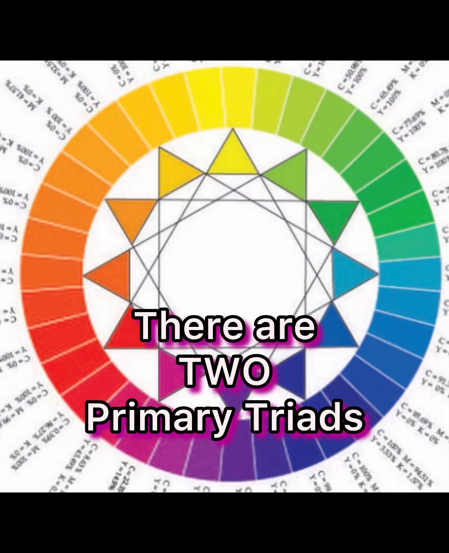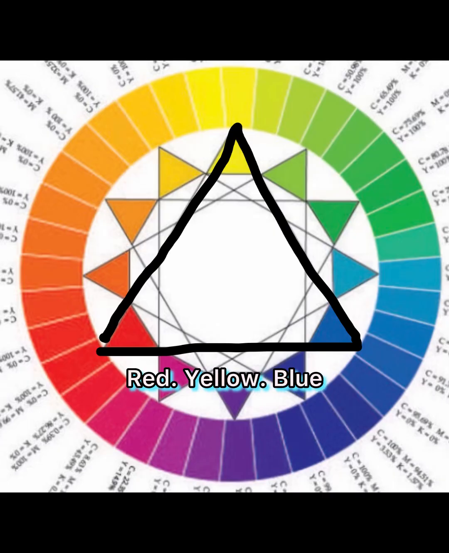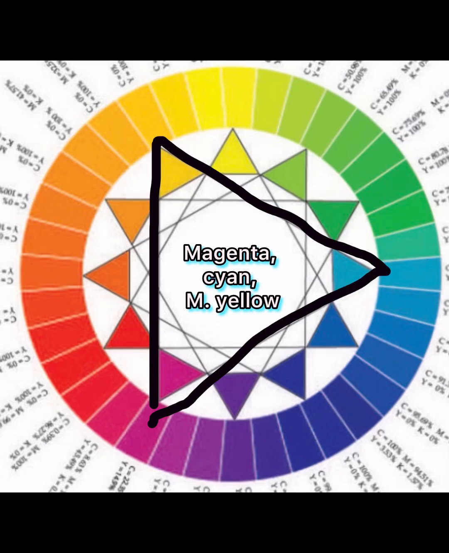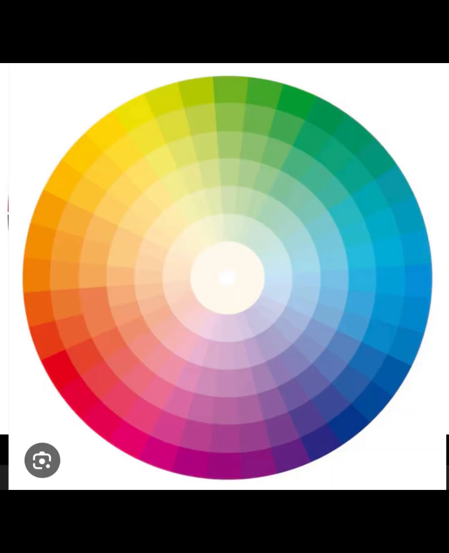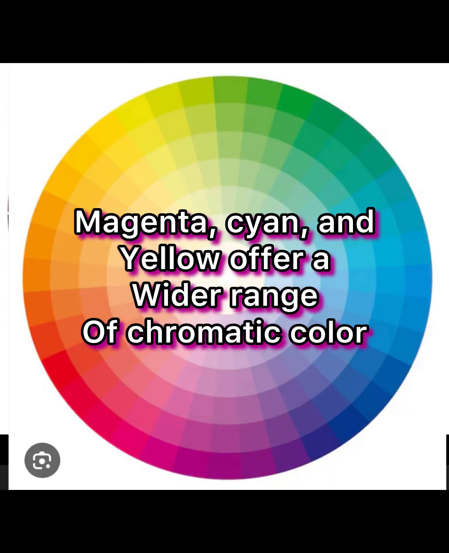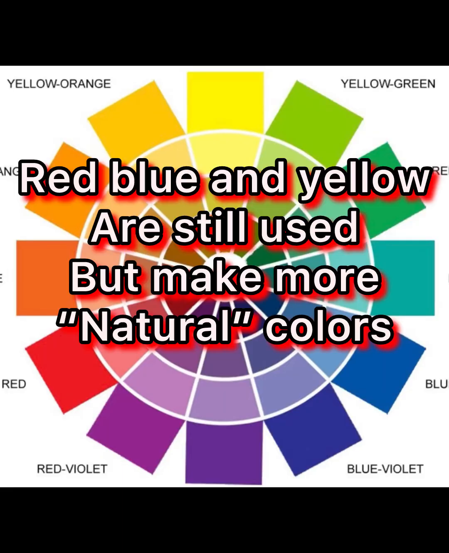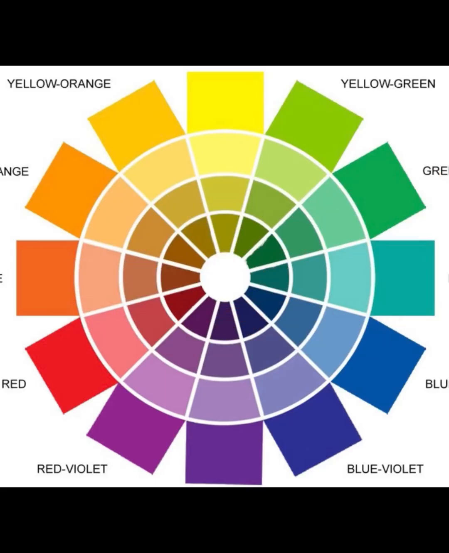Understanding acrylic primaries, well, there's 2 major primary triads, actually more than 2. So you have red, yellow, blue, and then you have magenta, cyan, and yellow. In acrylics, we tend to use magenta, cyan, and yellow because they offer a wider range of chromatic color. But red, blue, and yellow make beautiful, earthy, natural colors, so there is a difference.